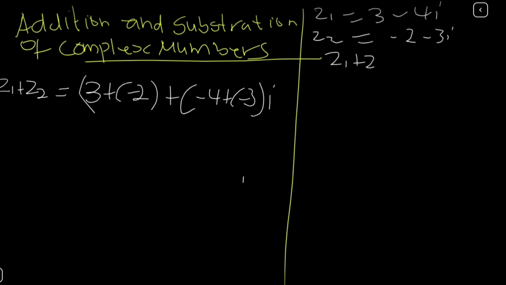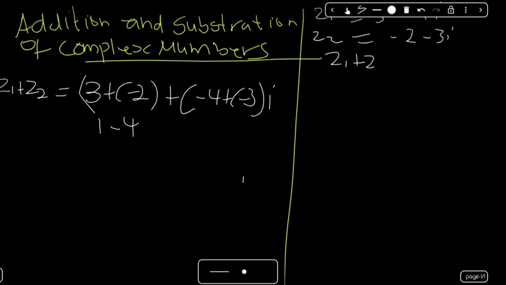That is the imaginary part. So over here becomes 1 minus 7i.